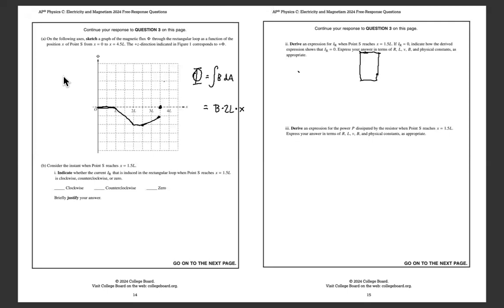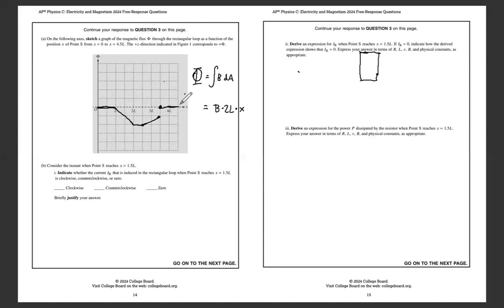All right, so once the bar gets past 2.5L, the flux does start going towards 0. It has to be 0 when you get to 3.5L. And then as you're going to 4.5L, it has to remain 0. It's going to remain 0 between 3.5L and 4.5L.